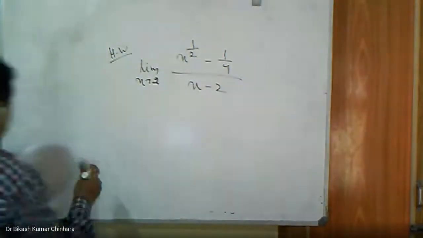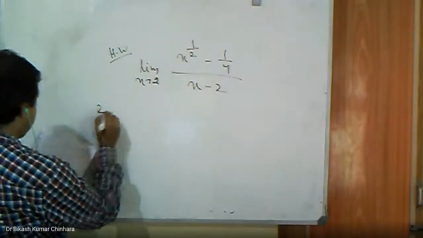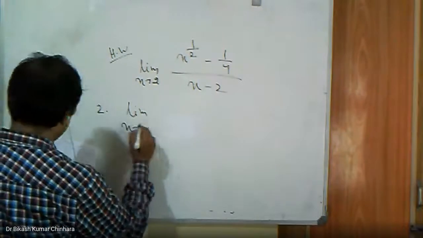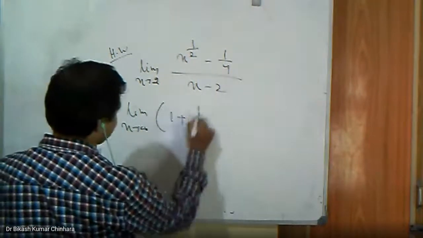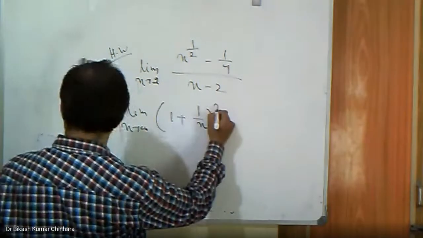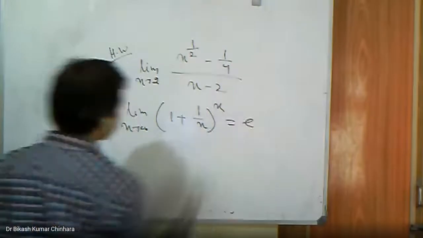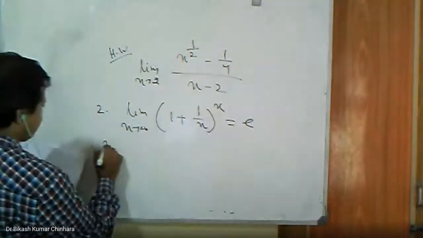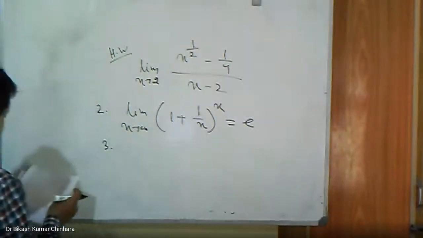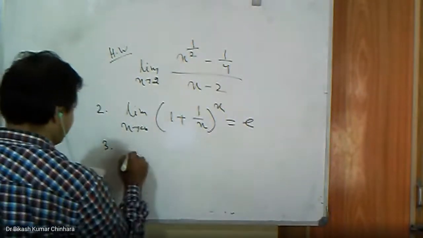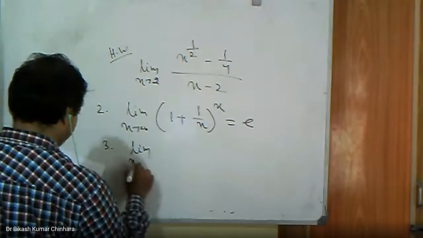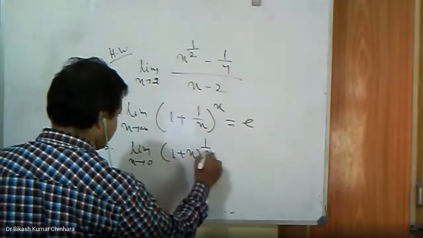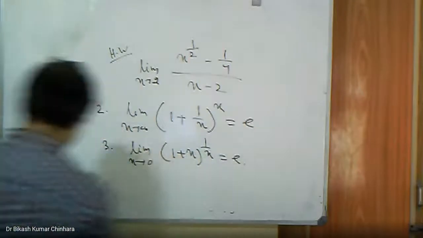Now, similarly, there are some common formulas regarding limit. Let us list them. If you are writing like this, its value is e. E is the irrational number. And similarly, whenever we are writing limit x tends to 0, 1 by x, its value is also e.